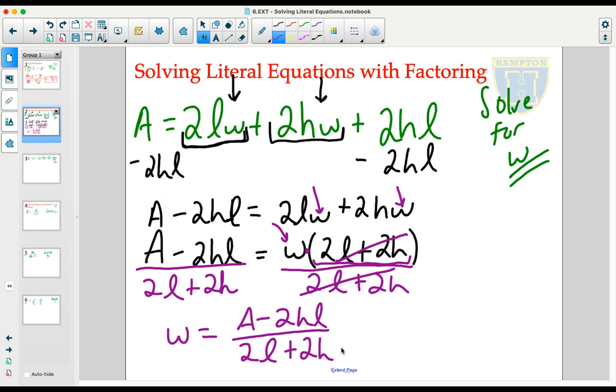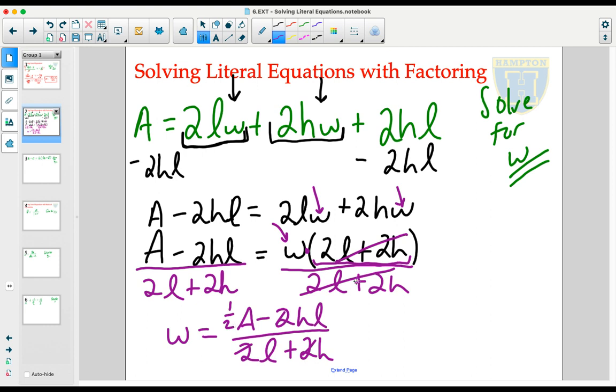Now, can you get creative with the way that you write this? Sure, you could cancel out all of these 2's if you wanted to, and then put a half here and say half A minus HL over L plus H. If you wanted to simplify out all the 2's, you could do that and leave a fraction in front of the A. You could change it to a 0.5 if you prefer the look of the decimal.